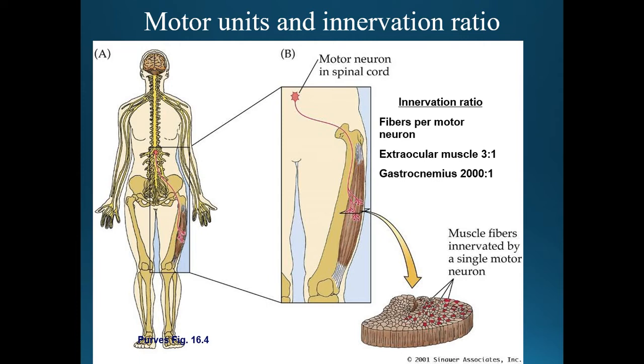All the extrafusal muscle fibers, or all the motor neurons, called the single motor neuron, innervate all muscle fibers, as an example, with one muscle fiber innervated by a single motor neuron.